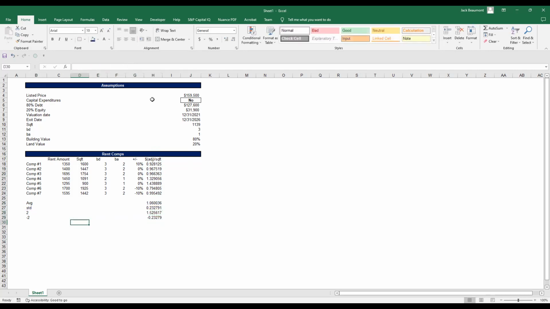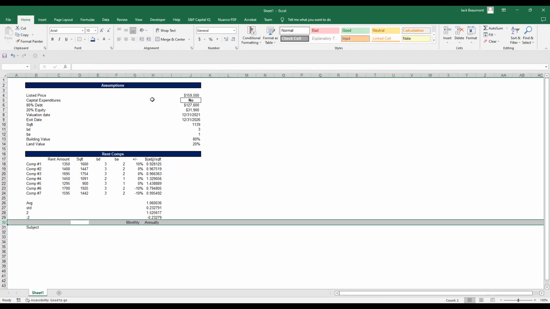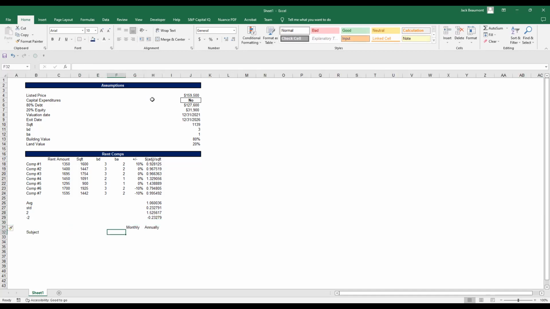Right, so our subject is going to equal, okay, and then actually I'm going to move monthly. I'm going to push shift this, and I'm going to move that down one, just so it looks better.